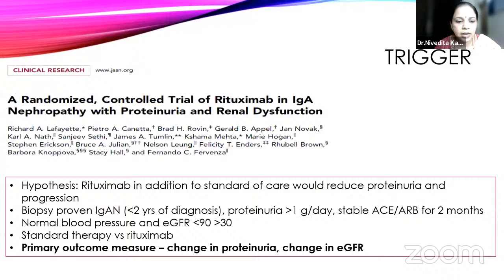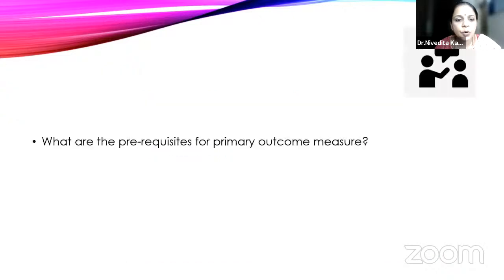Now coming back to our study, the primary outcome measure here was change in proteinuria and eGFR. So what are the prerequisites for a primary outcome measure? Yes, the prerequisite is that before the start of the study, the primary outcome has to be defined well before the start of the study.